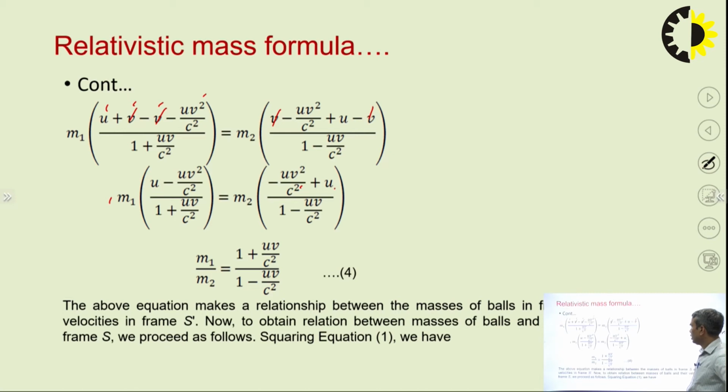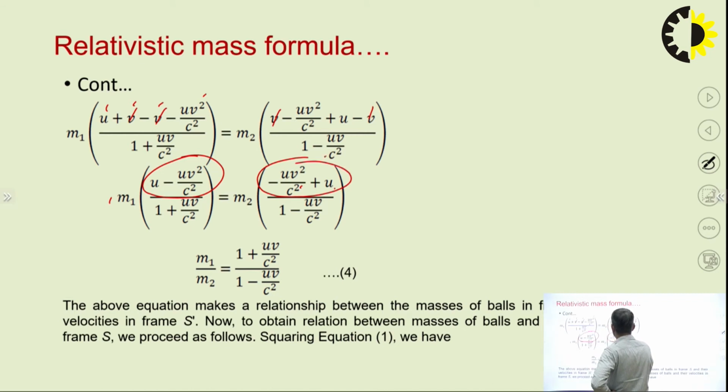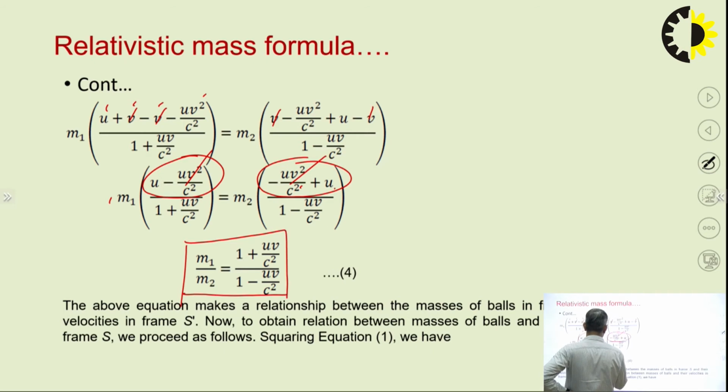If we see the numerator, it is the same in both, so this portion gets cancelled. Finally, we get m1 divided by m2 is equal to 1 plus uv by c square over 1 minus uv by c square. So, this is equation number 4.